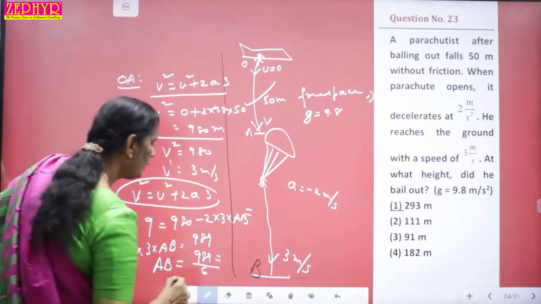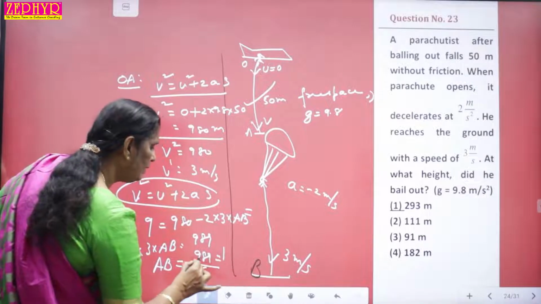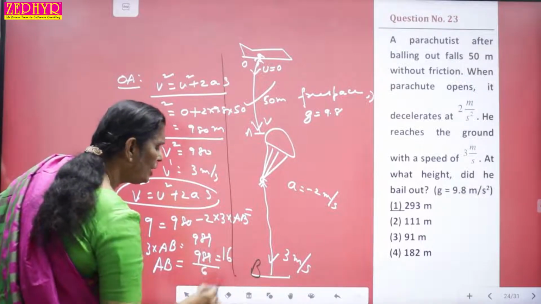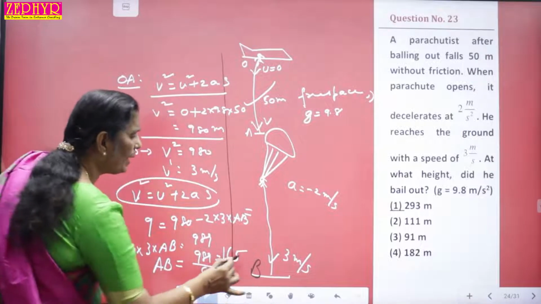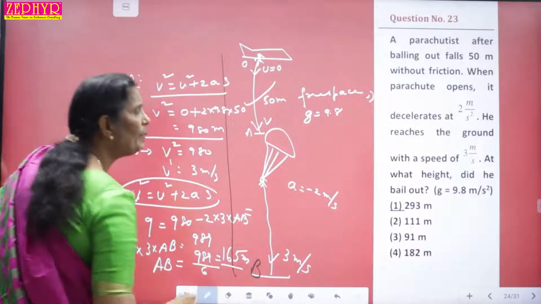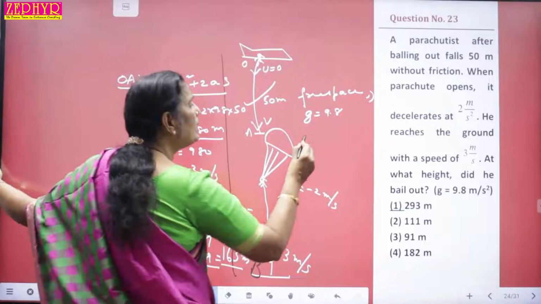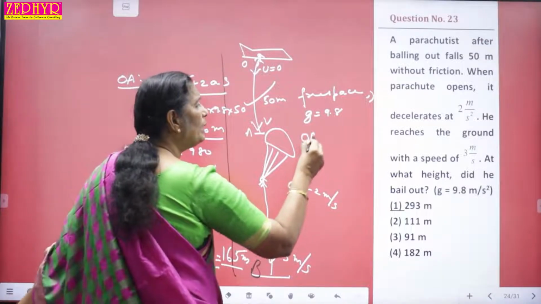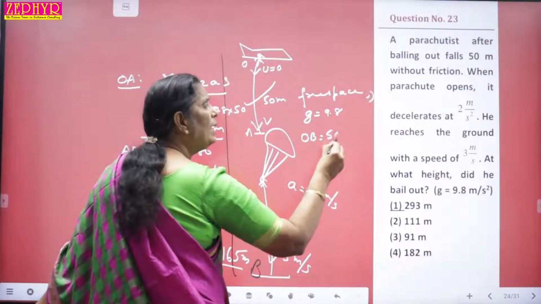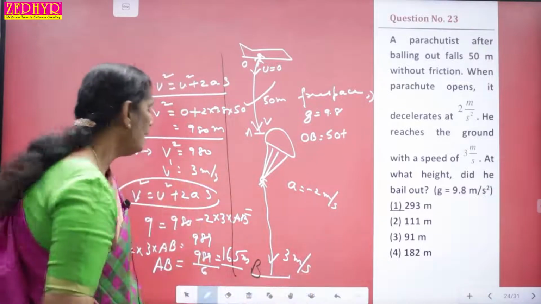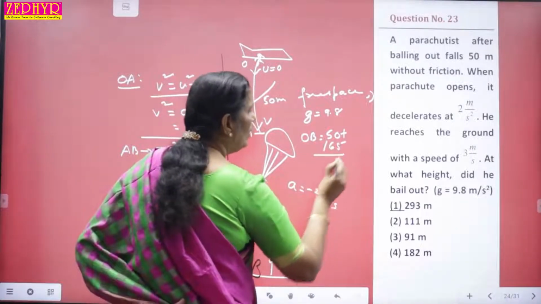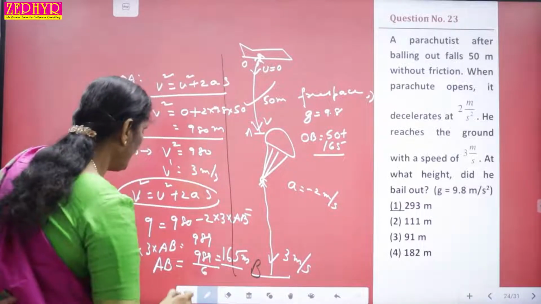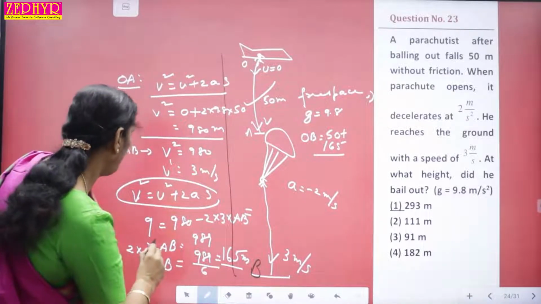How much will you get approximately? Approximately 165. So the total distance OB is equal to 50 in free space plus 165 with the parachute. Somewhere I made a mistake.